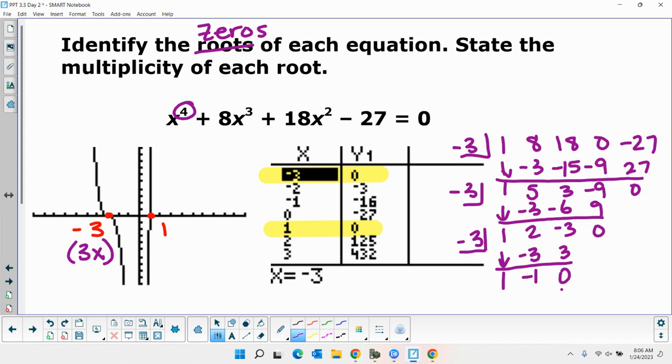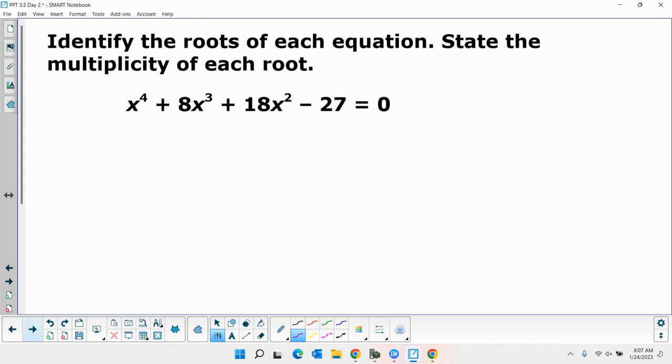Could have pulled out a, yeah, it would have been hard to factor. All right. Making sense? Calculator helps us, synthetic division helps us make sure of multiplicity. Bending at least 3 times, straight through 1 time, bouncing off at least 2 times.